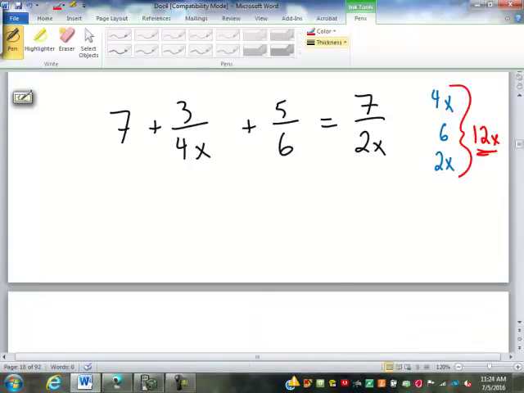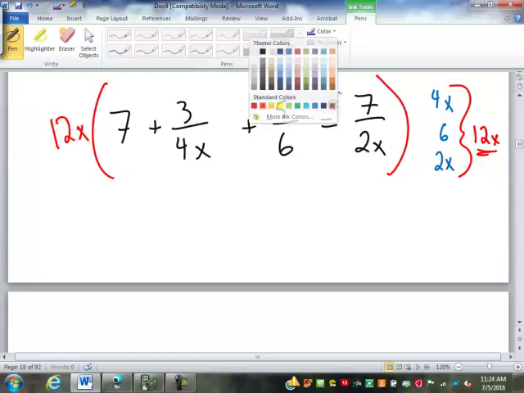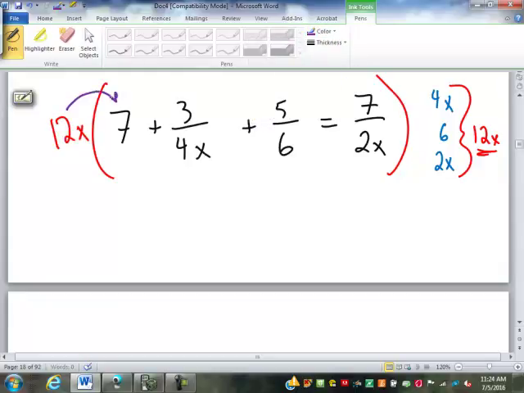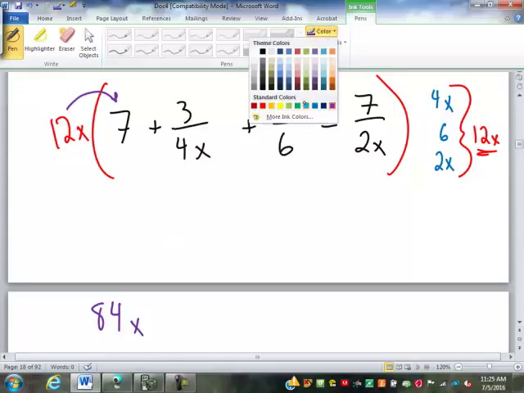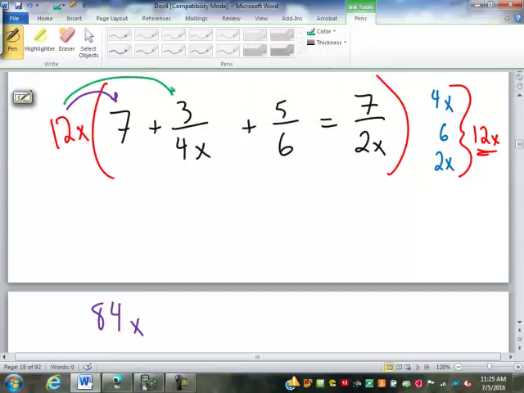I know some of you aren't done yet, but let's go ahead and take a look at this. So we're going to multiply the whole thing by 12x. So 12x times 7 is 84x. Next, we have 12x times 3 over 4x.